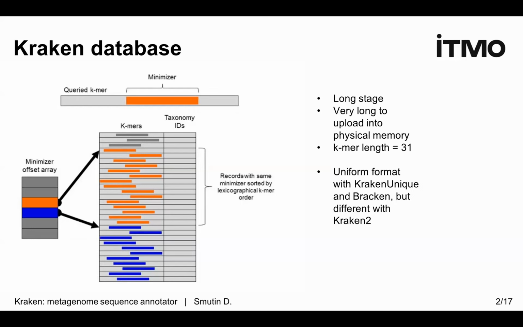And if we measure the Kraken database, it is only from 30 to 60 gigabytes, so it is much smaller. And also there is a MiniKraken version which requires only 4 gigabytes for the database.